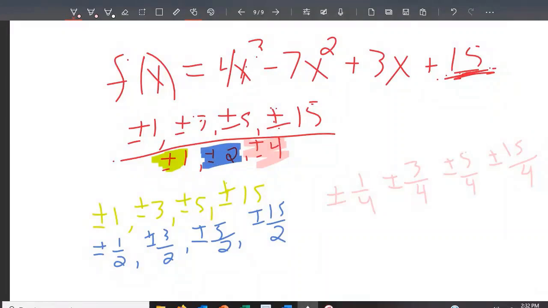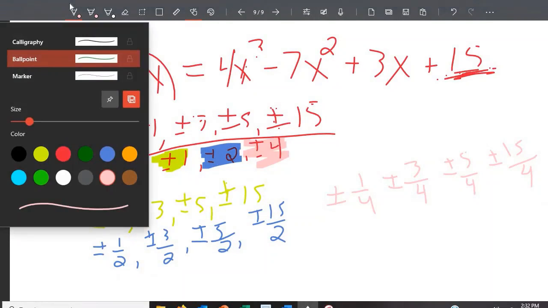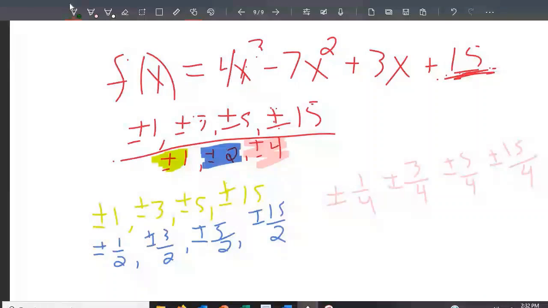Now this is an extreme problem. There are, let's see, 24 possible roots.